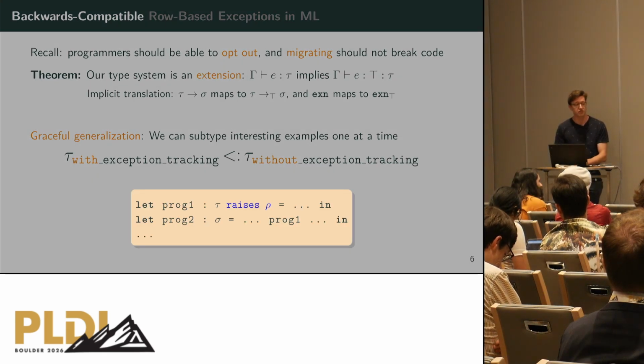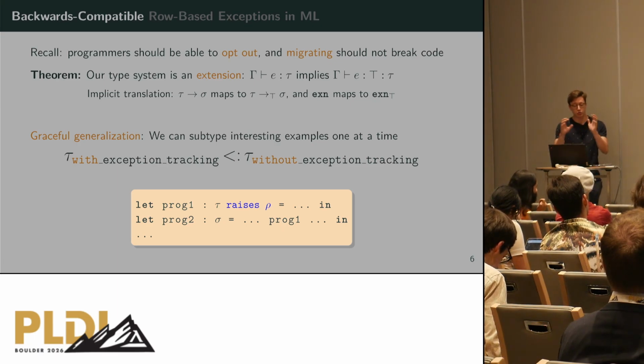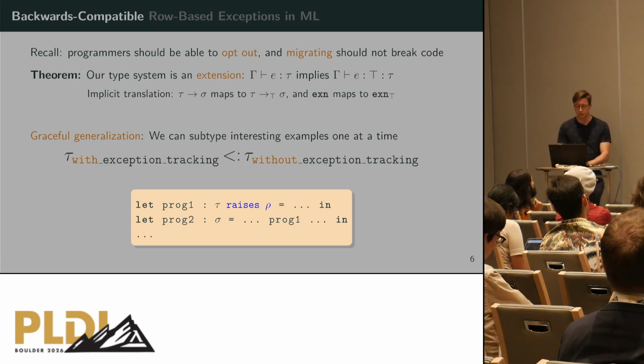So this makes the point clear which we had earlier, where we had two programs where the second program used the first program. If we now generalize the type of the first program to have the exception tracking, then we can show that it's a subtype of its original type, then we can still use program 1 in the context of program 2.